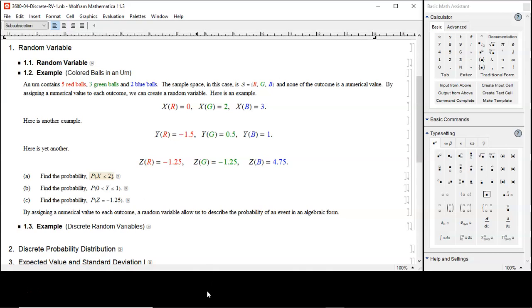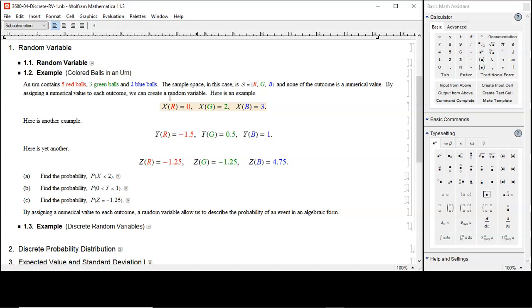First example, what is the probability of capital X less than or equal to 2? This one is about random variable X, and let's consider the event where capital X is less than or equal to 2.